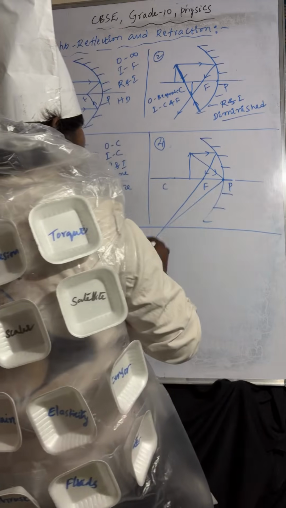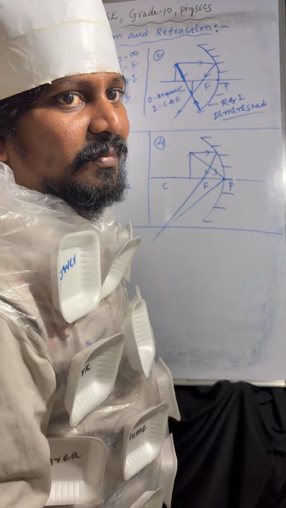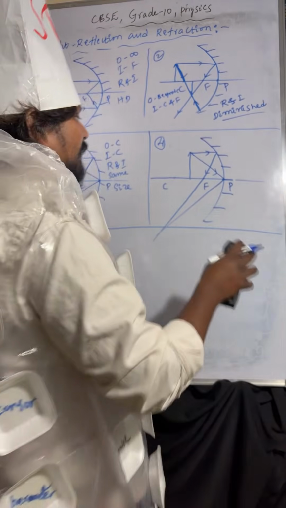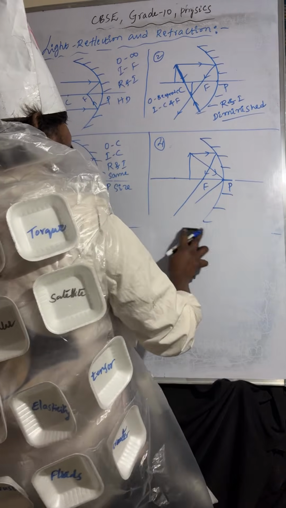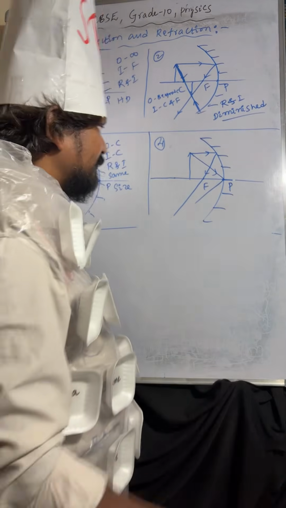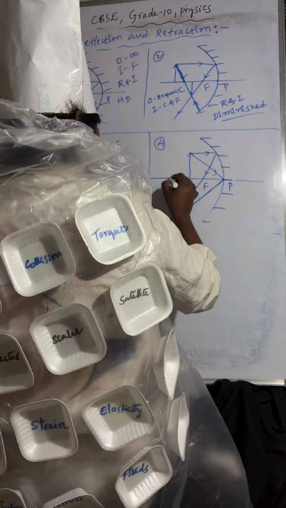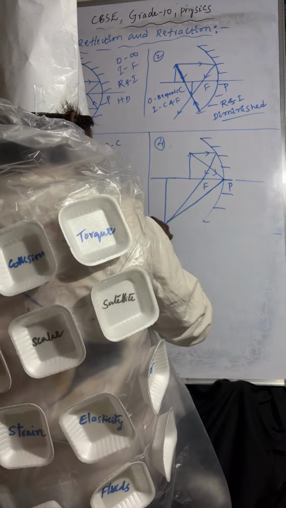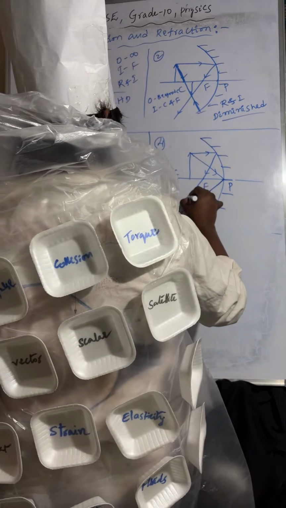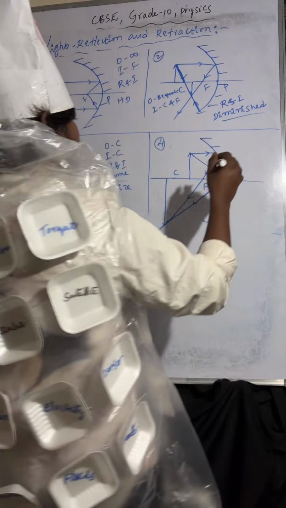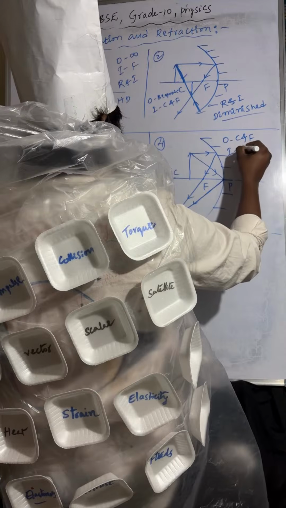Those light rays will meet here. So the image will form beyond center of curvature, like this. So this is C and this one is F. Object is placed between C and F, image will form beyond C.